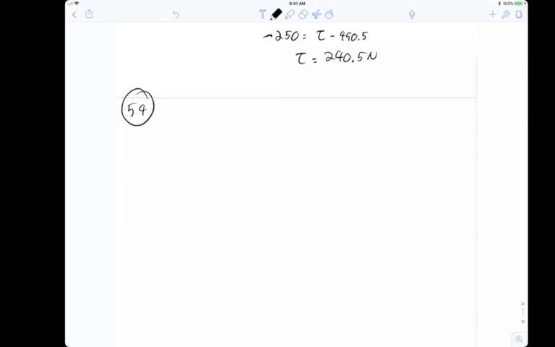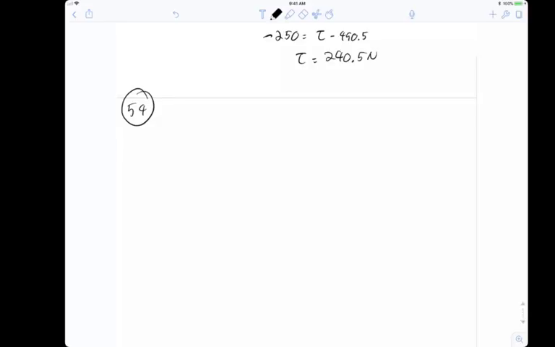Question 54. A 2-kilogram, oh, this question's great. A 2-kilogram child goes down a straight slide, inclined 38 degrees above the horizontal. A child is acted on by his weight, the normal force, the slide, kinetic friction, and a horizontal rope exerting 30 Newton force as shown in the figure.